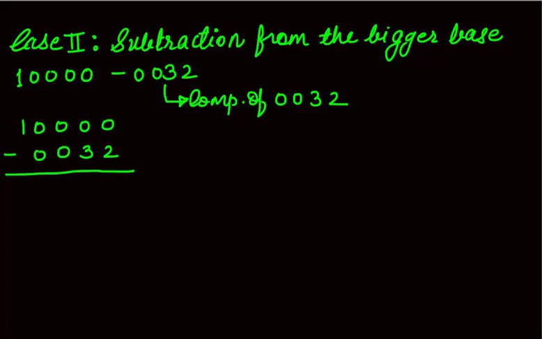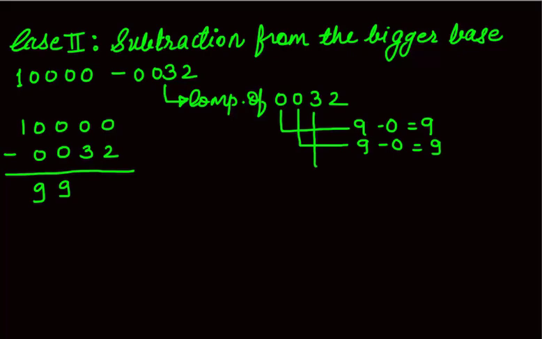And for this, we'll simply subtract all the digits from 9 and the last digit from 10. Thus, 9 minus 0 gives 9 at thousands place. Then, moving on to the next digit, 9 minus 0 again gives 9 but at hundreds place. Further, 9 minus 3 gives 6 at tens place. And finally, we get the number 8 at units place on subtracting 2 from 10.